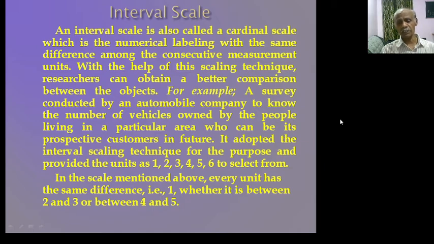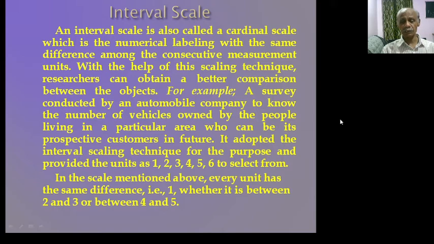For example, you take your measuring rod. For example, we have a scale in our compass box. If you go through that, there will be 1 to 15 numbers as inches or centimeters. So when you go from one number to the other, there is always a difference of only 1 unit.